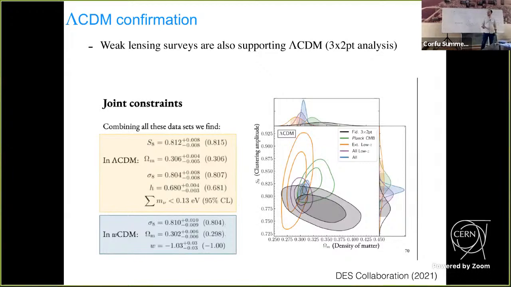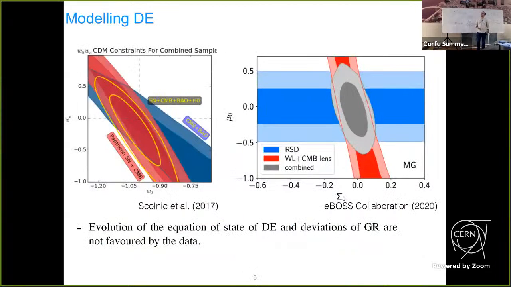And all the other things are of a similar model. I will describe now what happens with the amplitude of the structures. We can also put some upper limits on the neutrino masses. But again, lambda CDM keeps surviving new observational techniques.